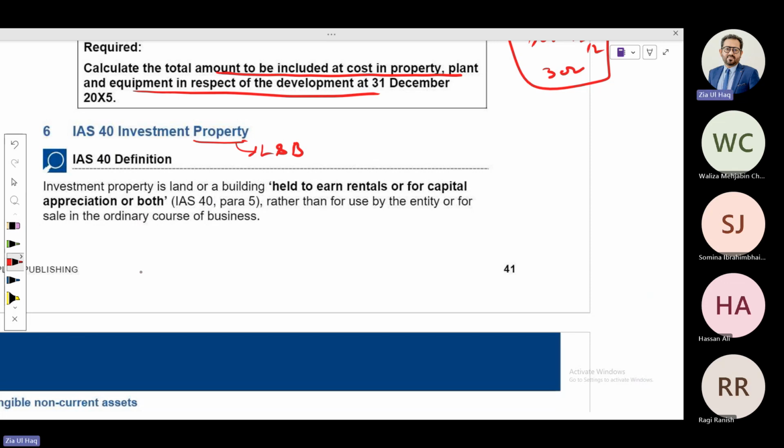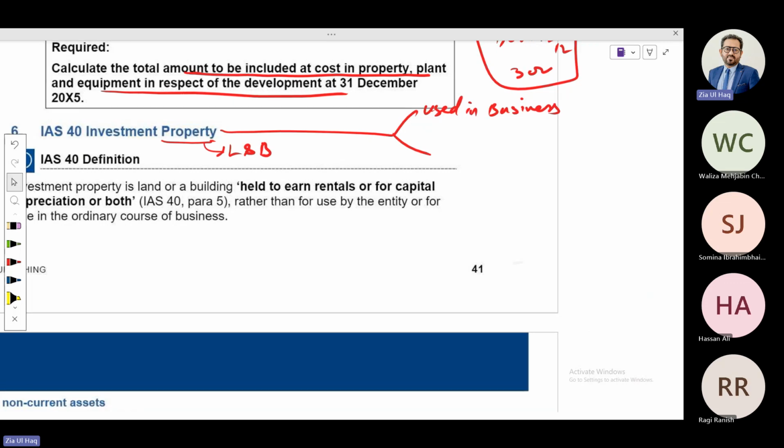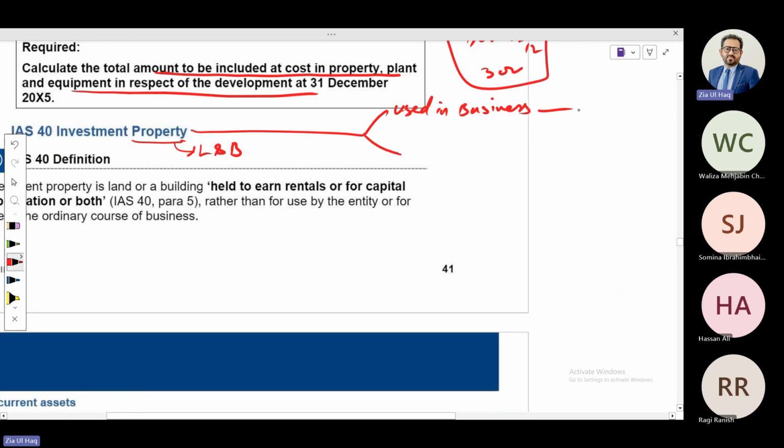Properties are of two types. Used in business property. Normally we use it in our business. If we are using any property in the business, we will record it as property, plant and equipment, meaning non-current assets in the balance sheet.